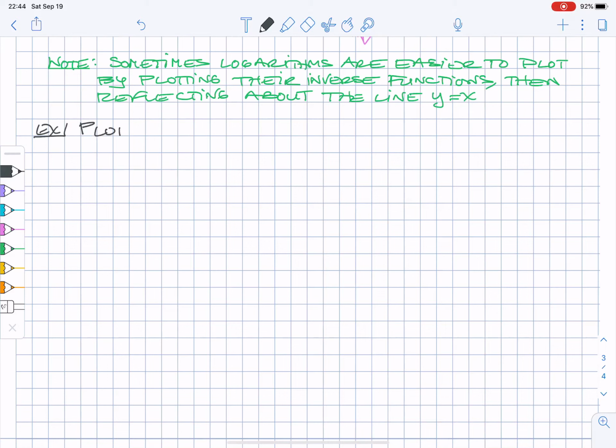Plot f of x is equal to log base 2 of x by first plotting its inverse.